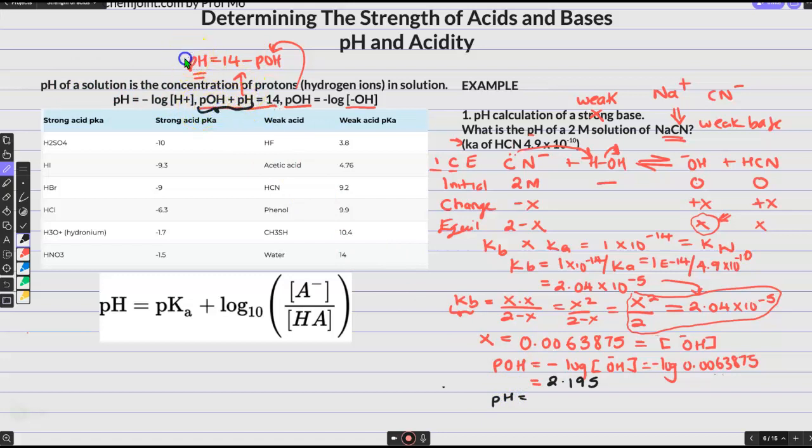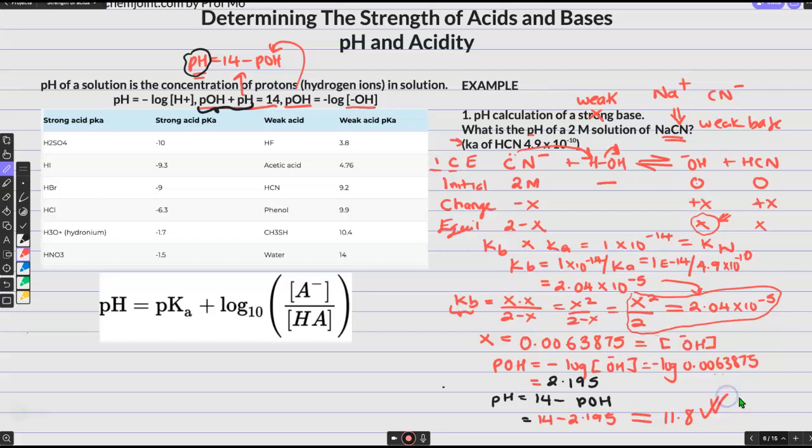So pH equals 14 minus pOH. And in this case, it will be 14 minus 2.195. Our grand final answer of pH is 11.8.